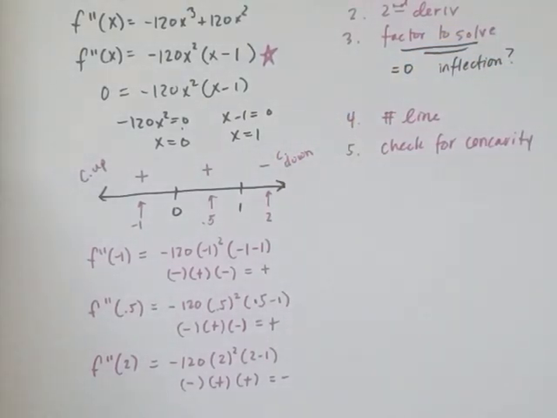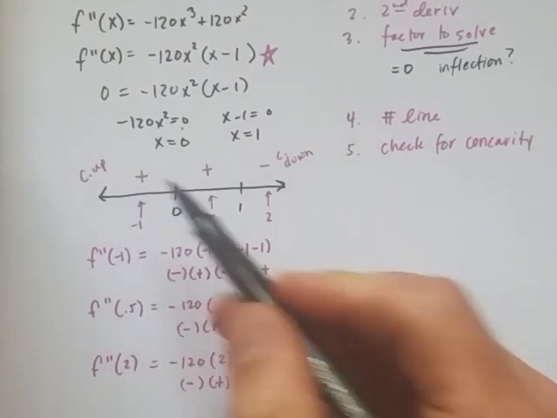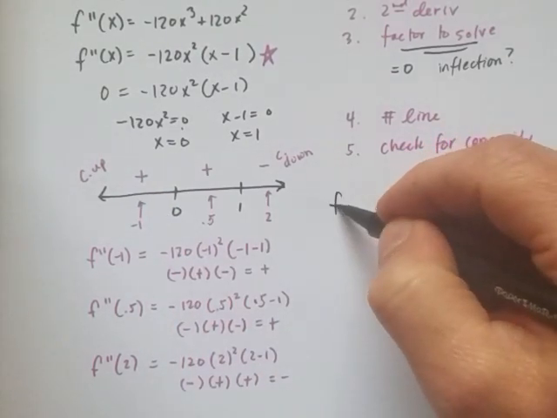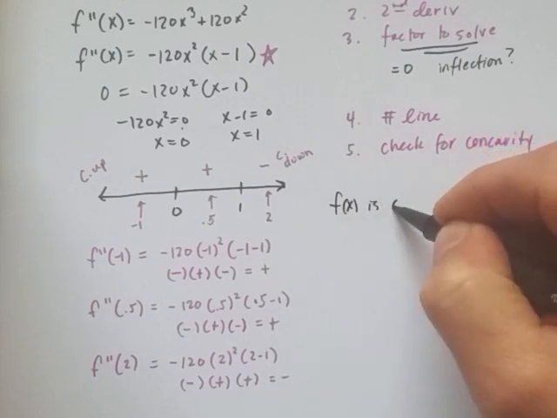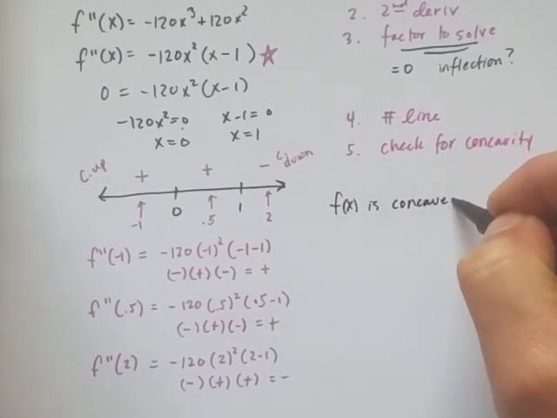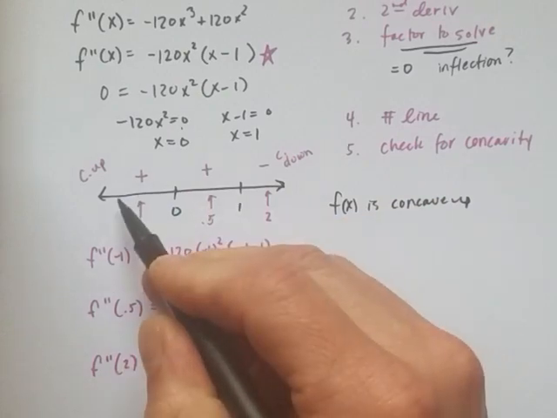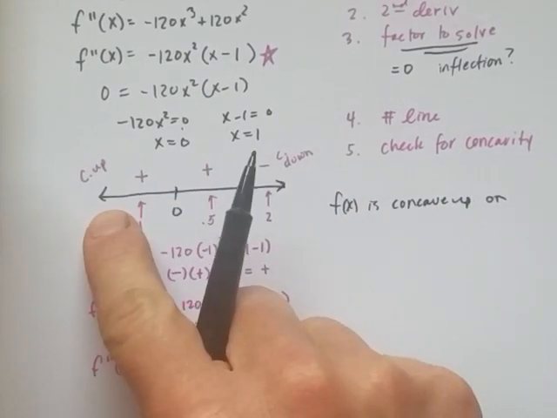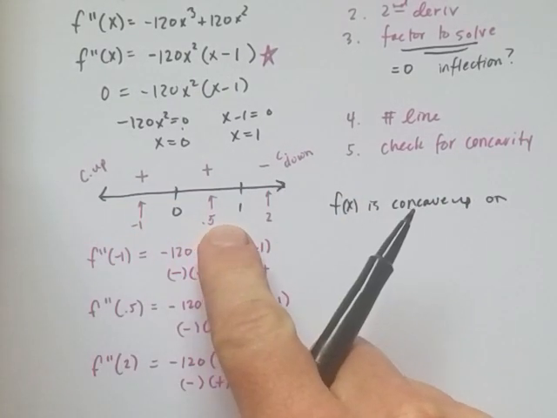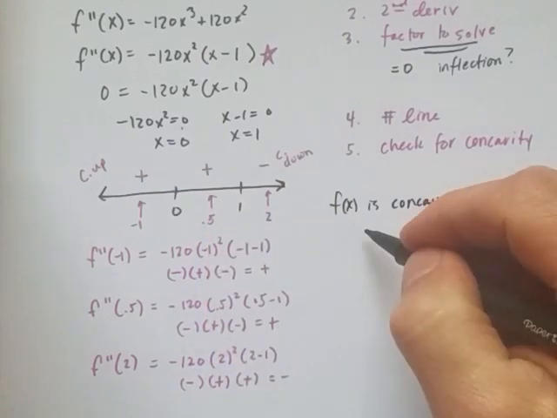So let's go back to what this question was asking us, which was to find all intervals of concave up and concave down. Okay, so concave up is when the second derivative is positive. So we'll say f of x is concave up, and we'll say on the interval, it's going from all the way to the left all the way until 1 is when it changes.